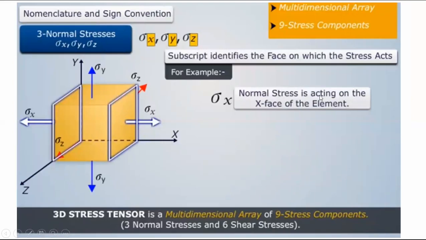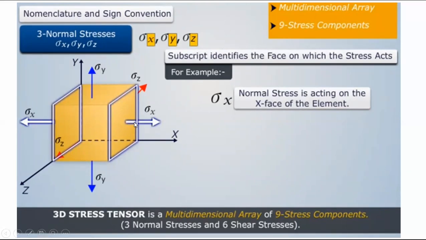Now, normal stress is acting on the x face of the element. Both these are x faces, this one and this one also. And you can see that here is sigma x normal. Sigma x means normal stress in the x direction, that is the direction of the x-axis. Here also it is in the direction of the x-axis. If stress were a vector, it should not have two directions at the same time.